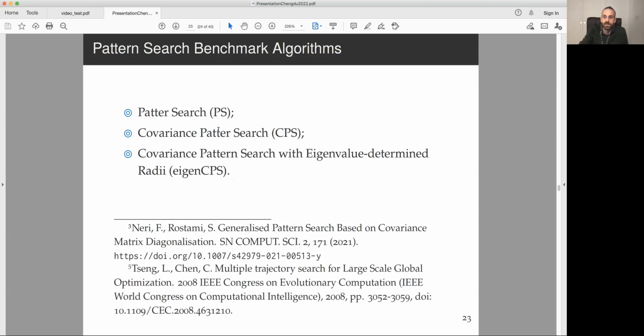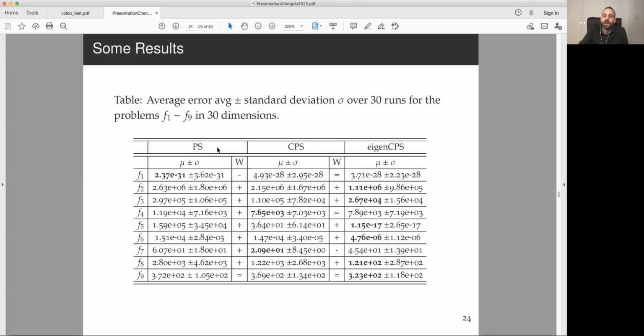It moves horizontally and vertically, but besides that is the same as CPS, and this eigen CPS is what I've just described. When we look into the results, we can see that eigen CPS clearly outperforms basically all these other two variants, including PS, except for the sphere, because in the sphere, moving horizontally and vertically is already the right thing to do.